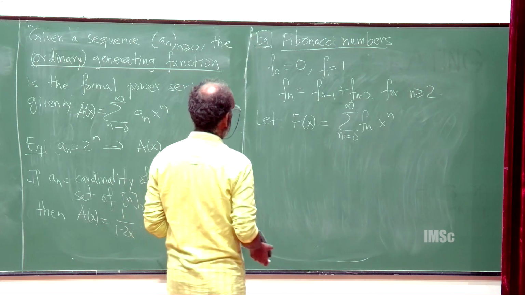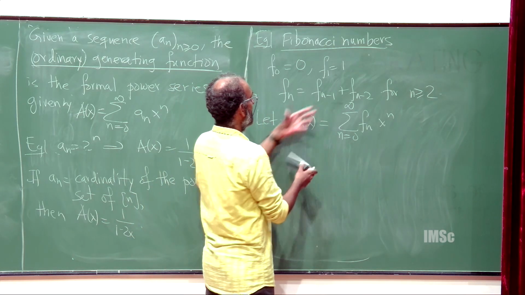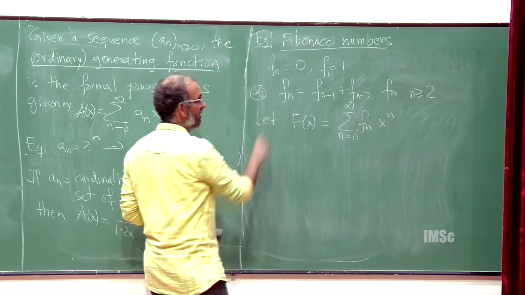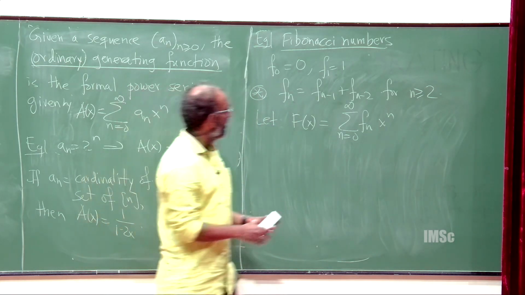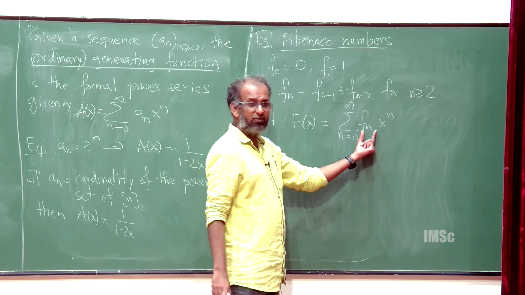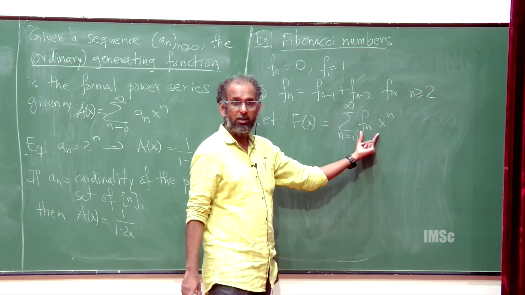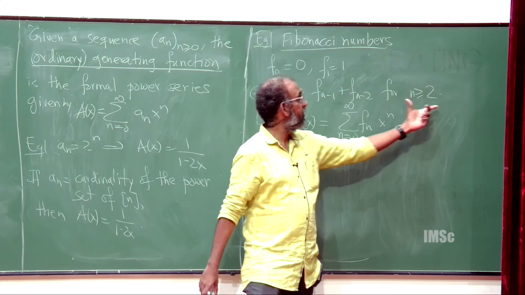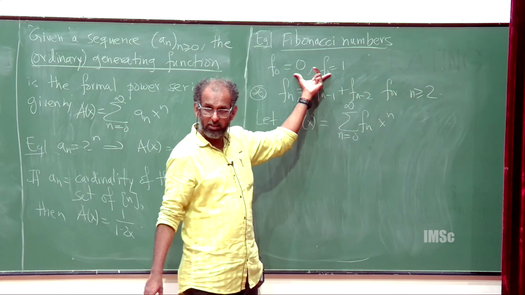So I want to use this recurrence, this thing star. But I cannot use it for f_0 and f_1, because I can only use it starting with 2. But f_0 and f_1 I know what they are.